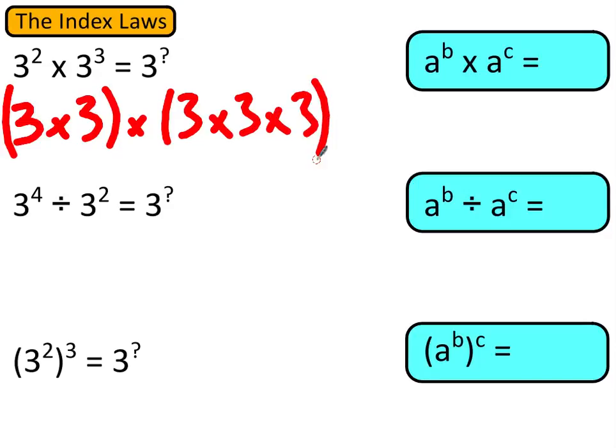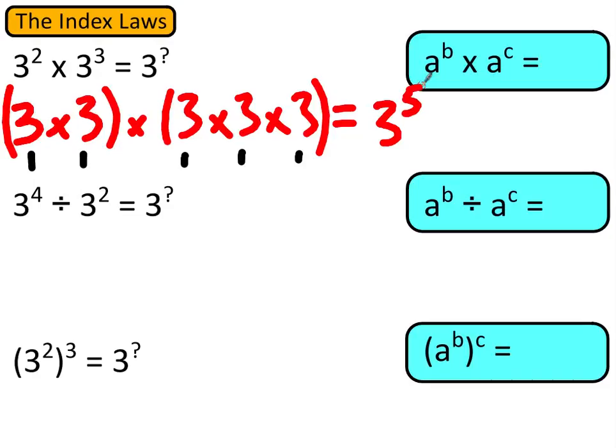Now, of course, how many 3's have we got on that question? Well, we've got 1, 2, 3, 4, 5. So overall what we've got here is 3 to the power of 5.